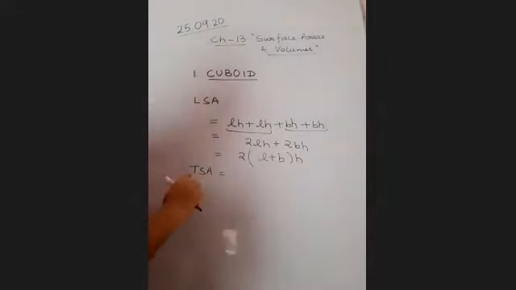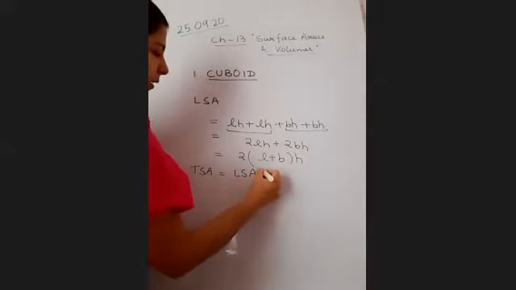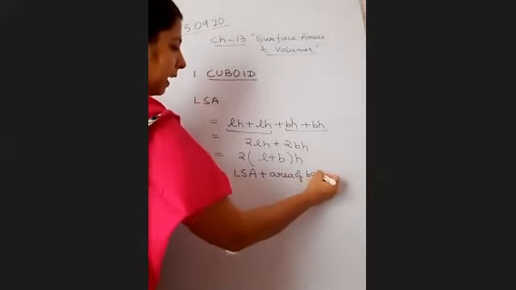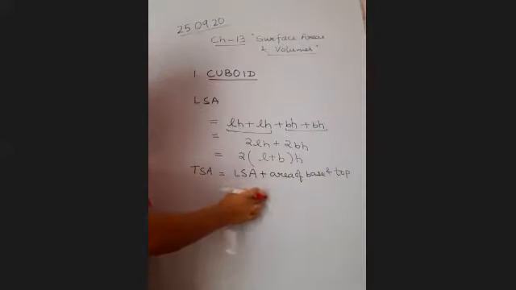Children, see, TSA of anything is lateral surface area plus the area of base and top. That is the definition of TSA.